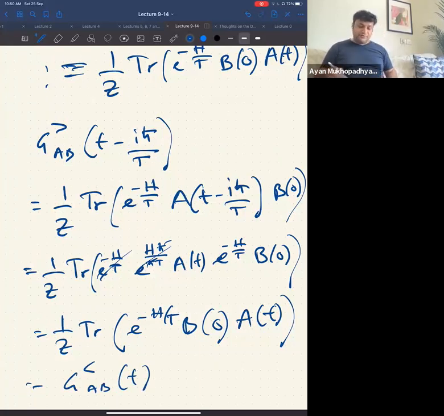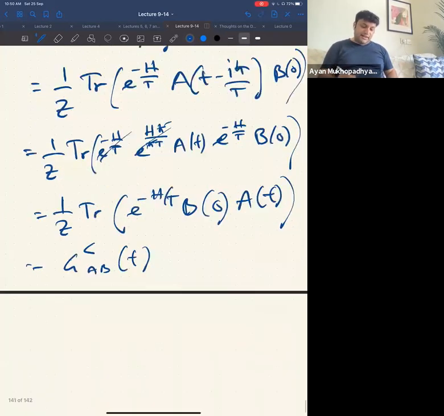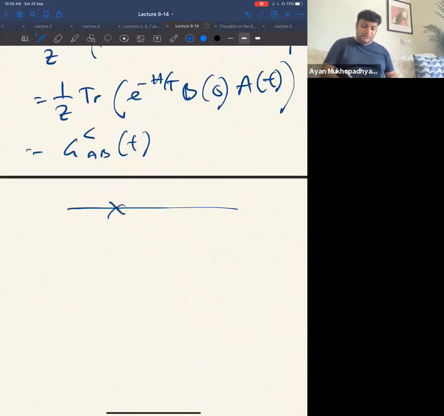Actually, there's a diagrammatic proof of this. When I write G greater in the Schwinger-Keldysh contour, if you remember, we used to put A(t) earlier and then B(0) later, right?